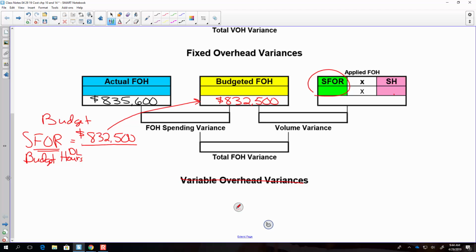One and the same number. So that's what we budget for fixed overhead. Now, fixed overhead again is our rent, our salaries, our depreciation amounts, all lumped together. And that total is $832,500 for the coming year.